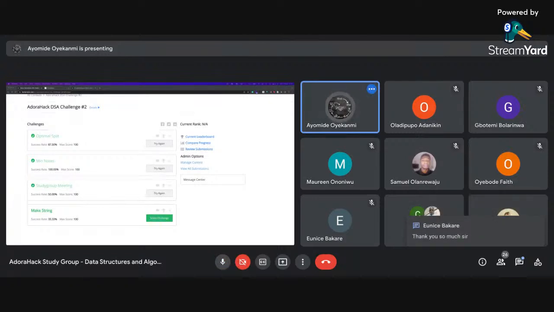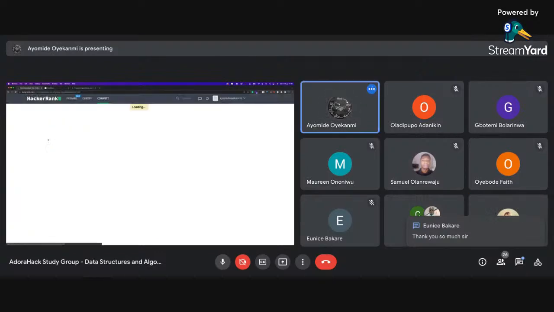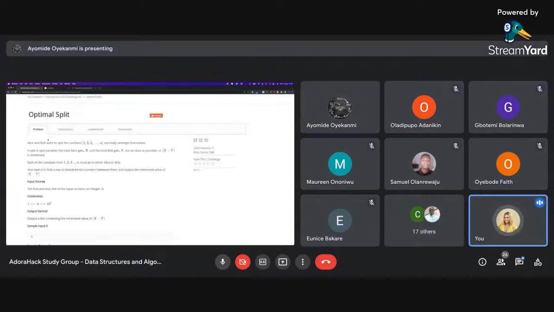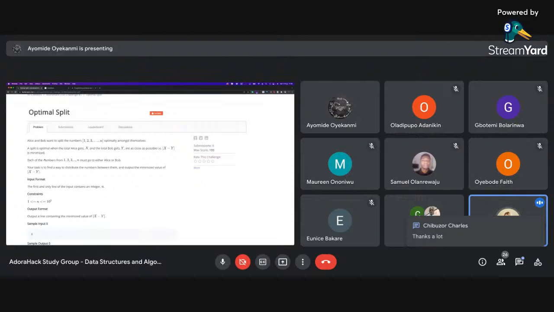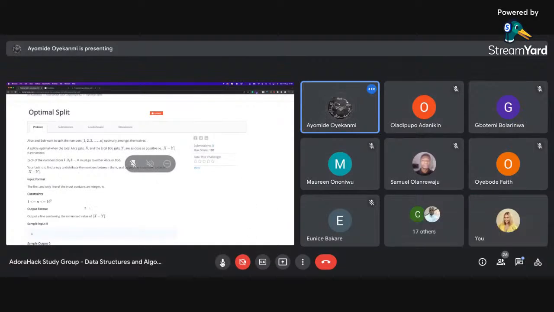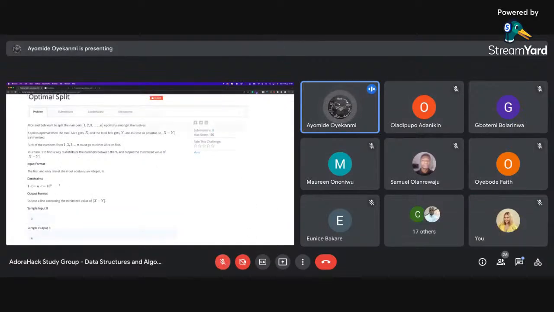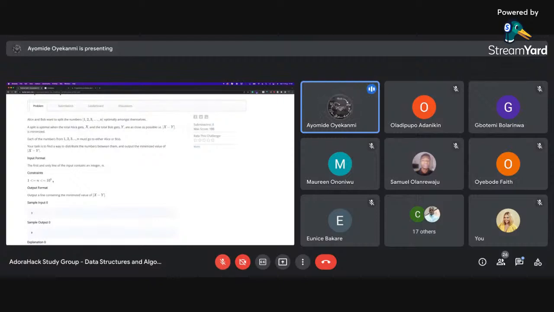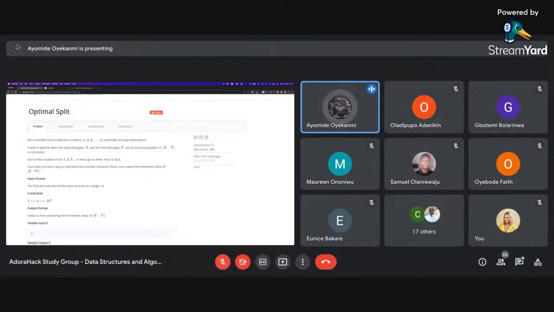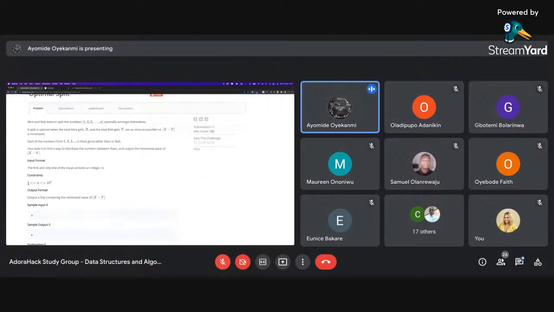The constraints on each task. So let me quickly answer. Yeah, I want to quickly answer something, sorry. So someone's asking how do we interpret constraints, right? So for example, in this question, n is at least 1.